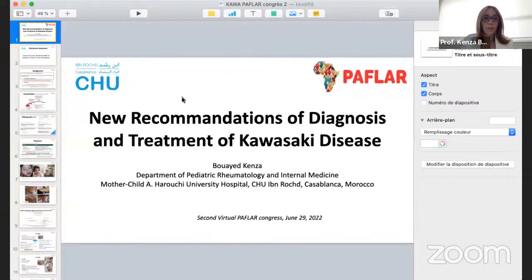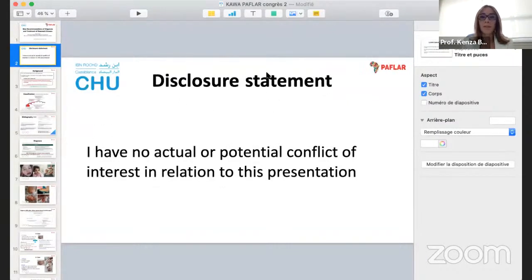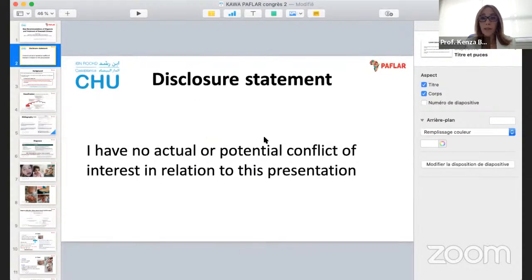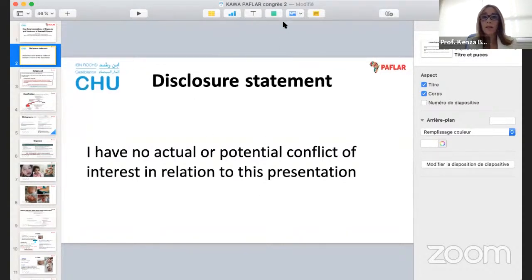I have a little problem. I can't get into full screen mode. Is it in full screen, please? No, it's not. I don't know, there is a problem. You can see there's a play button up there. Yes, I know, but I don't have the possibility to do it. Okay, you can just stop sharing your screen and then reshare.